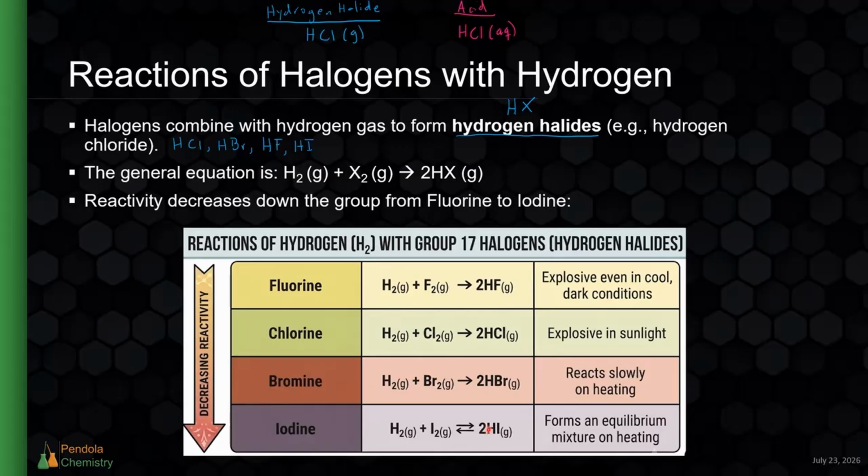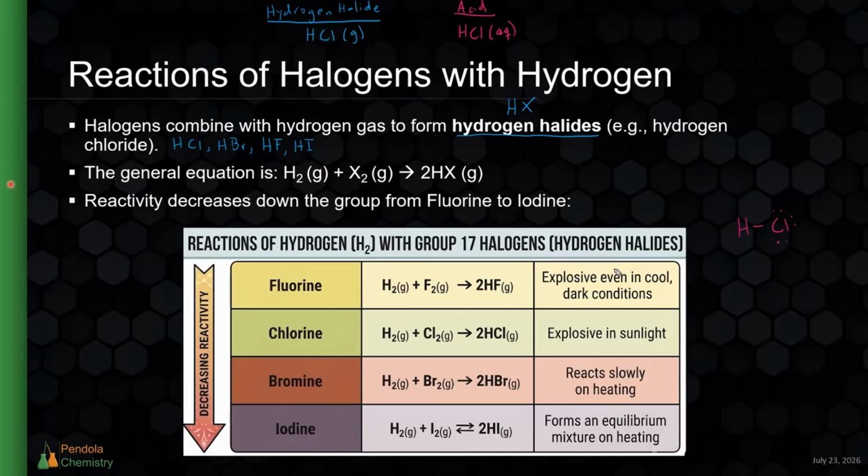Now, these are single covalently bonded compounds, and we'll see that in the next slide, but they're all going to look like this: H with a single bond to the halogen, and that halogen will have three lone pairs of electrons to form that octet. So this is always going to be the case.